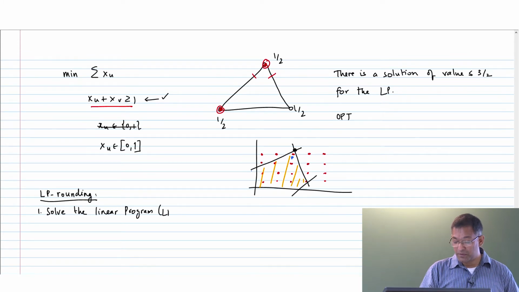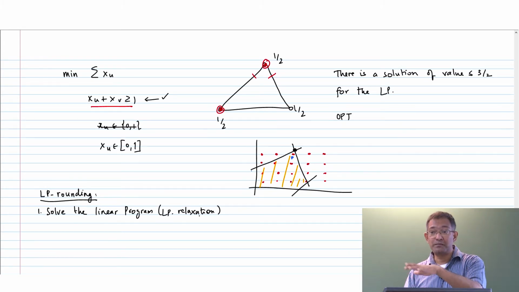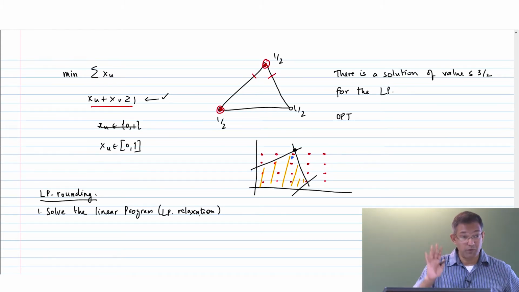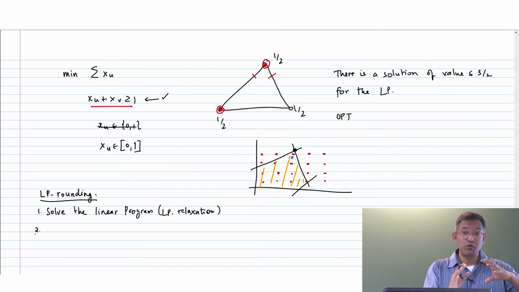I mean the LP relaxation. So, you are given a discrete optimization problem, you write an integer linear program, you relax the integrality constraints to get a linear program, and you can solve the linear program in polynomial time, right. So, you have the solution to the linear program, and now what we want is to use this fractional solution.